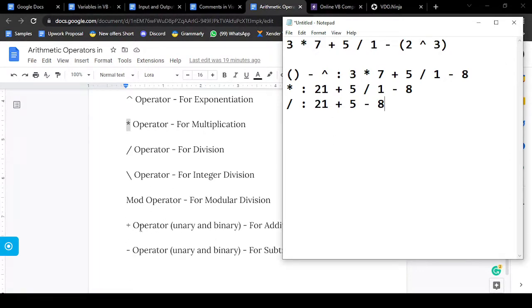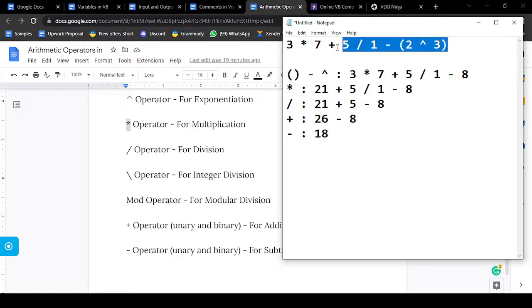Following the same order, I have the plus. Executing the plus, 21 plus 5 is 26. Then I have minus 8. So the next one to tackle is the negative over here. 26 minus 8 should be 18.